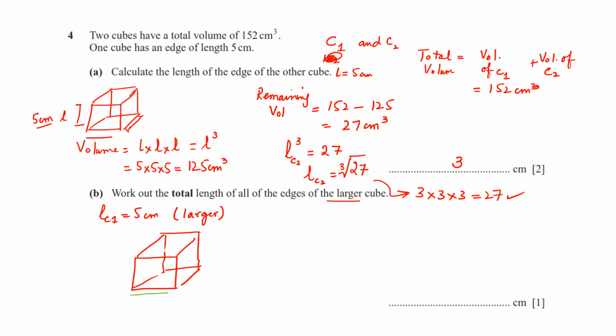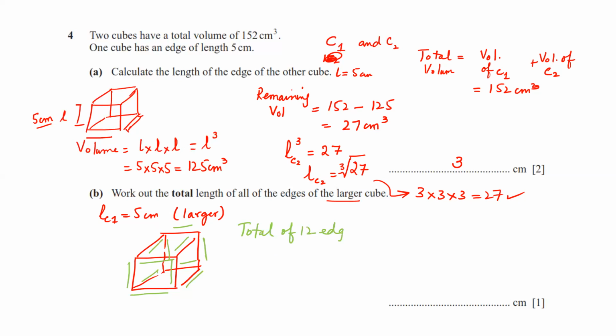So we have 1, 2, 3, 4 edges, 5, 6, 7, 8, 9, 10, 11, 12. So we have 12 edges, right?